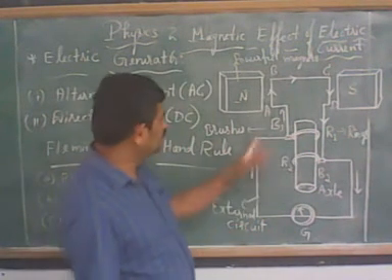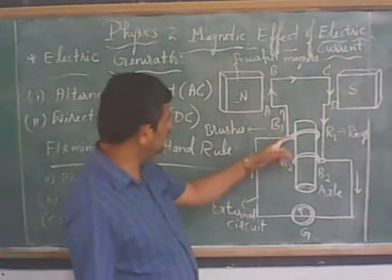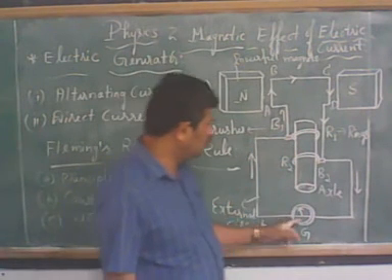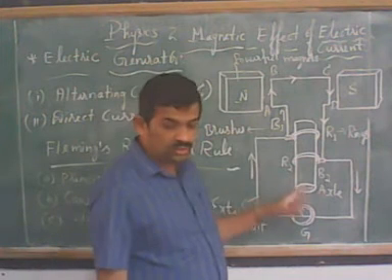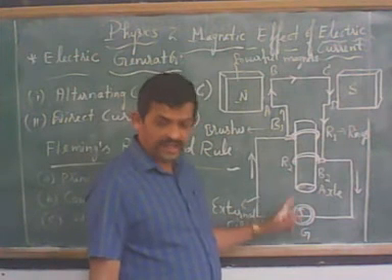Then the external circuit: from B1 to the galvanometer, and B2 to the galvanometer. The external circuit is connected with the galvanometer.